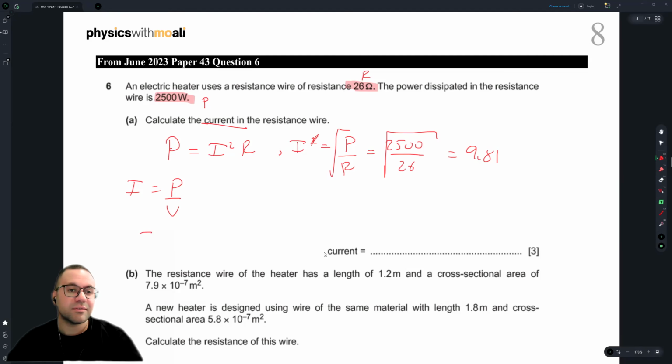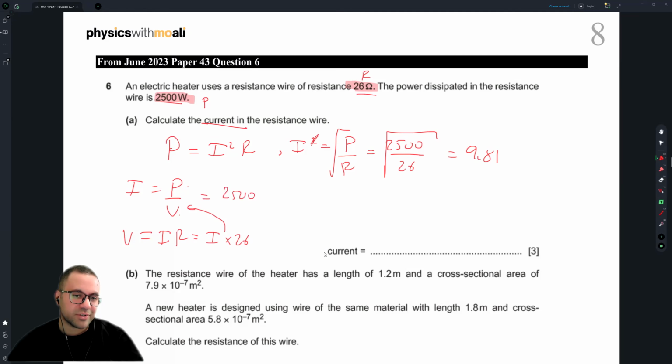What do we have? Power and resistance. So what can I get? You can say P equals IV, or I equals P over V. You have power, but you don't have this. So you say V equals IR. Now you don't have I again. But you can say that I times 26 is your V, and plug that in here.